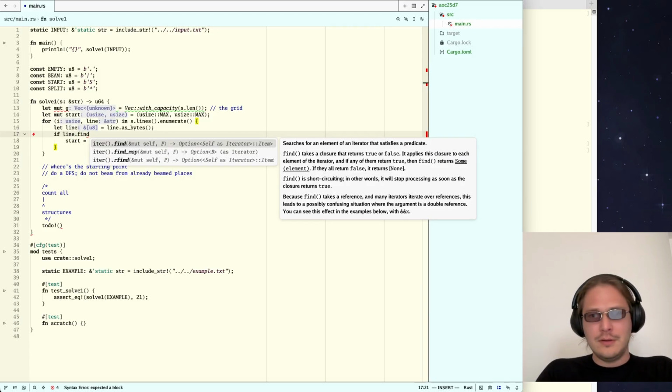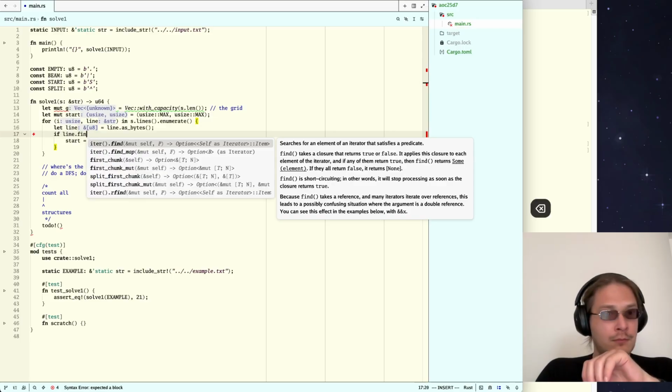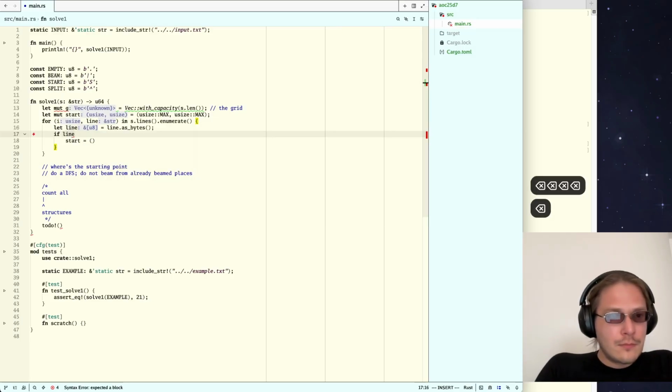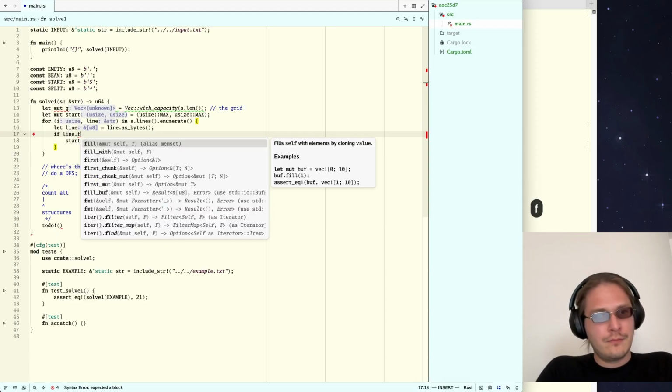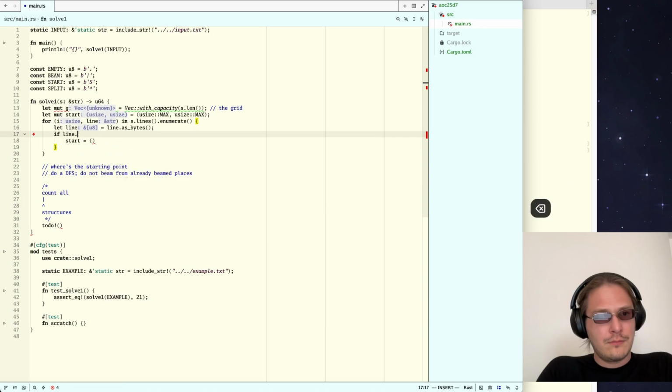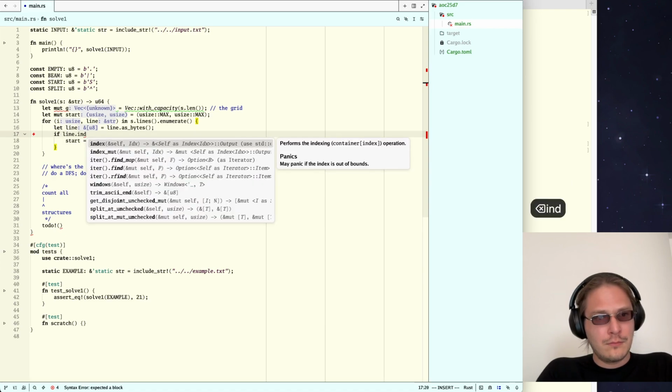Okay, yeah, I think I need to find how do I find the index of an element?